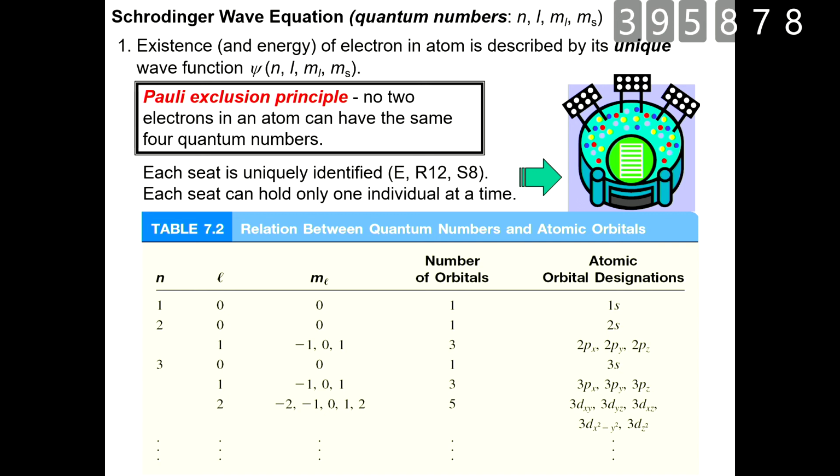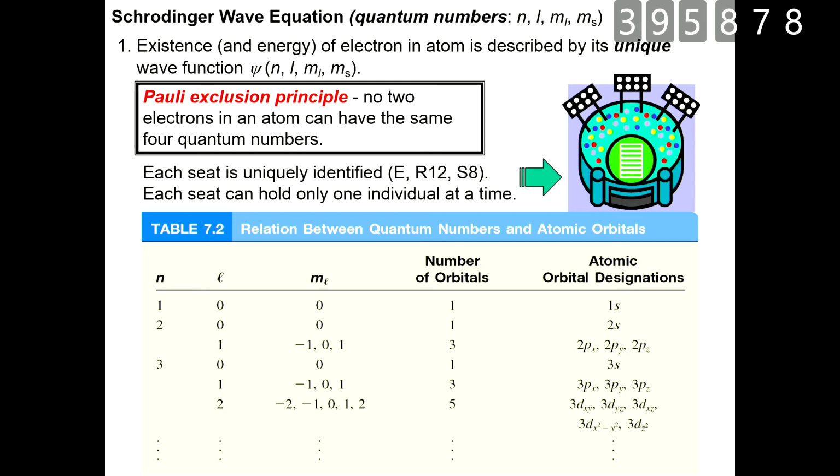And of course, in this orbital, it can have 2 electrons. Even though another quantum number is ms, right? One can be plus half, another can be minus half. So this orbital is called 1s orbital, and it can have 2 electrons, because one can be plus half and the other minus half. So these 2 electrons have different numbers, right?